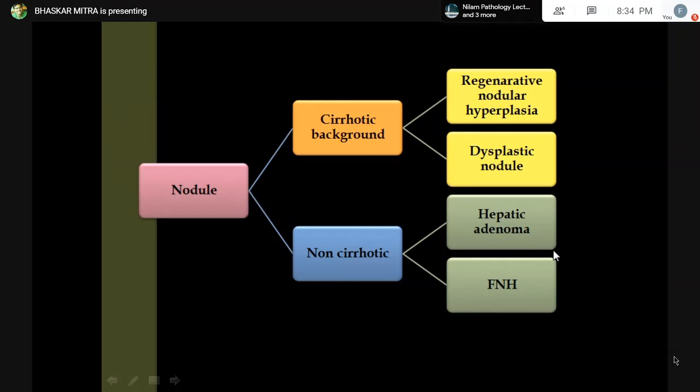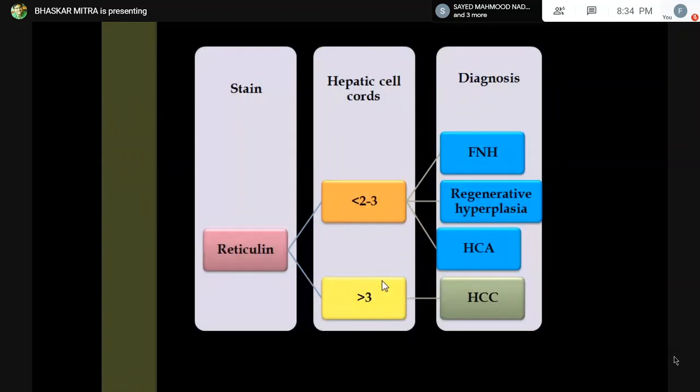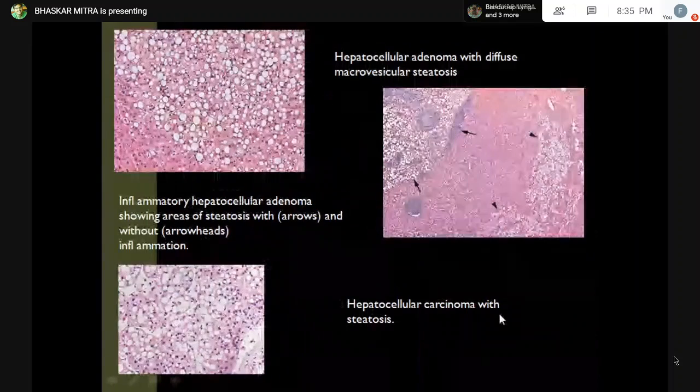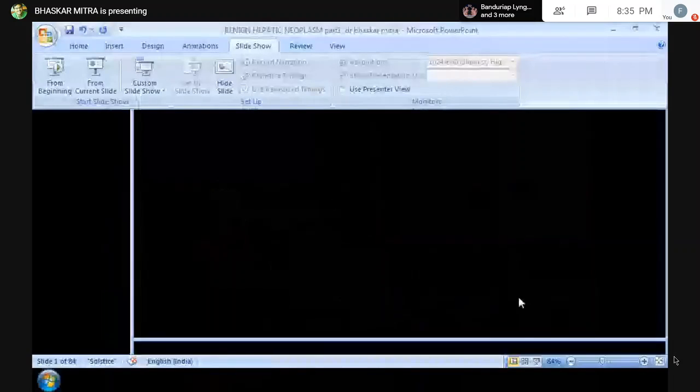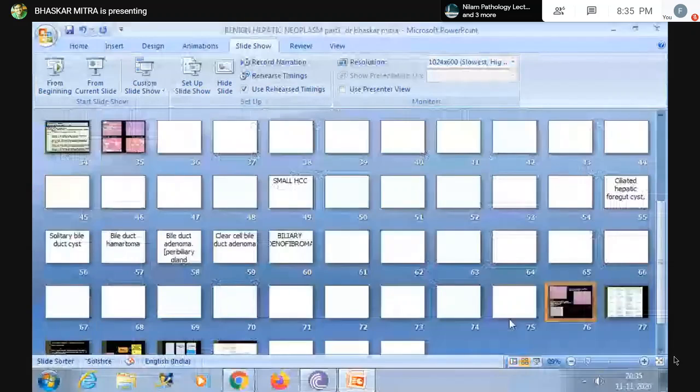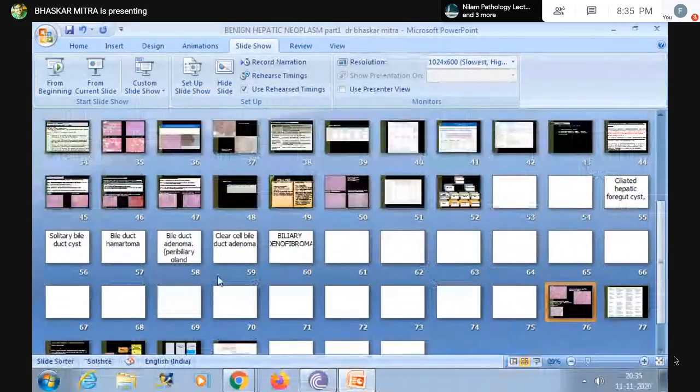So with these two different approaches, we can approach liver lesions. For the biliary lesions, this one is more convenient.